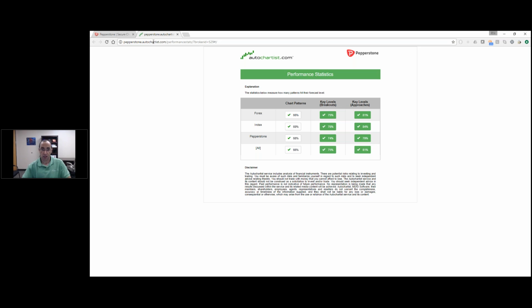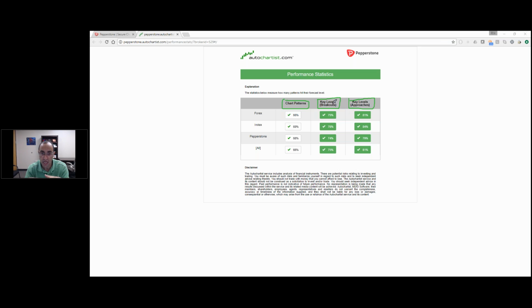Okay, good. So if you notice, the first thing you have to notice is that we provide 3 columns of statistics. And as I mentioned before, the completed breakout chart patterns, the breakout key levels. Breakout key levels, I haven't shown you an example because I can't see any right now in the market. Those are the ones where the price has broken through a horizontal support or resistance level.